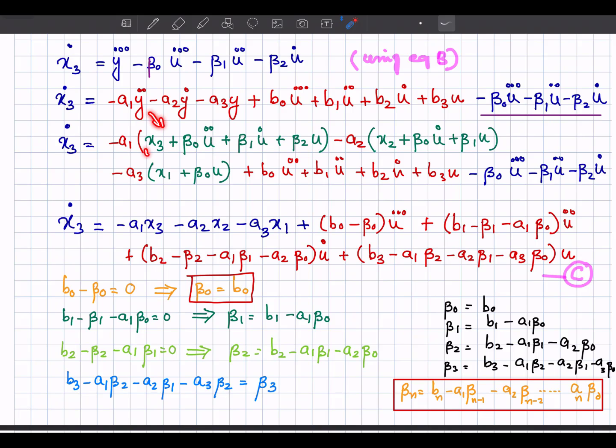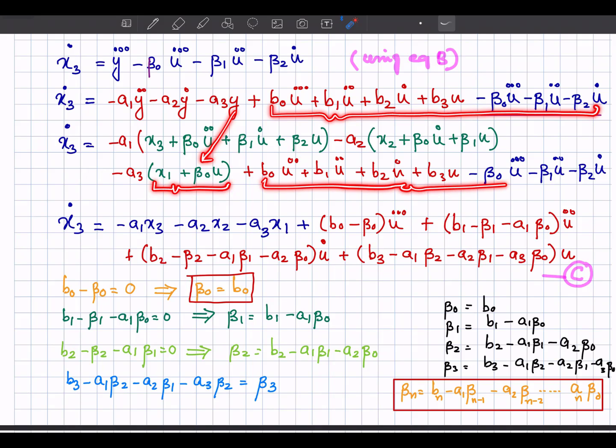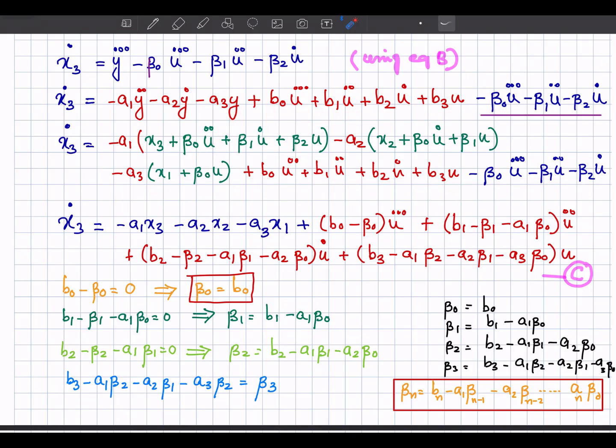This is y double dot, right, and for y dot we have this one, and for y we have this expression, and the rest of the terms are exactly taken from this equation into this equation.